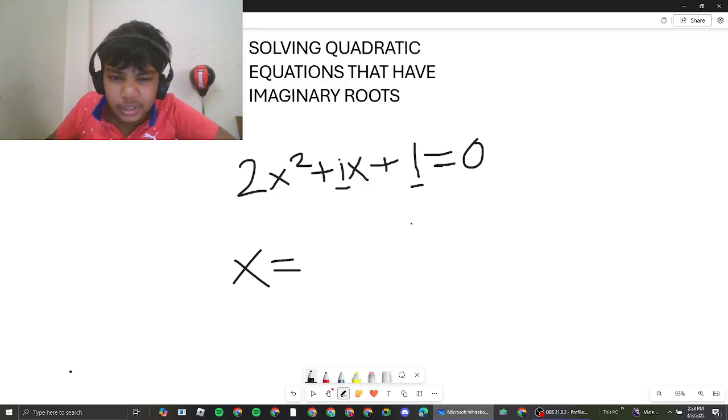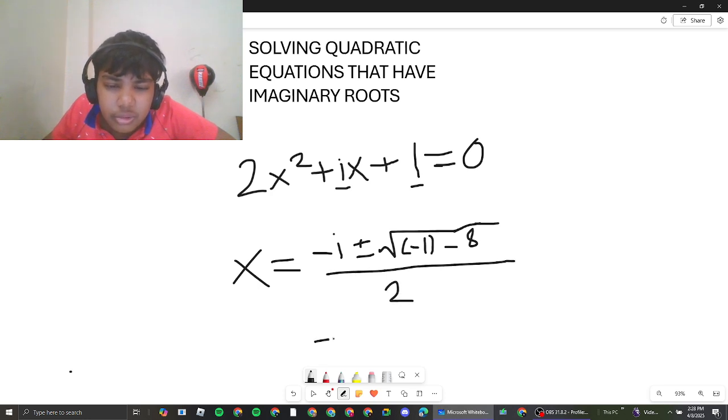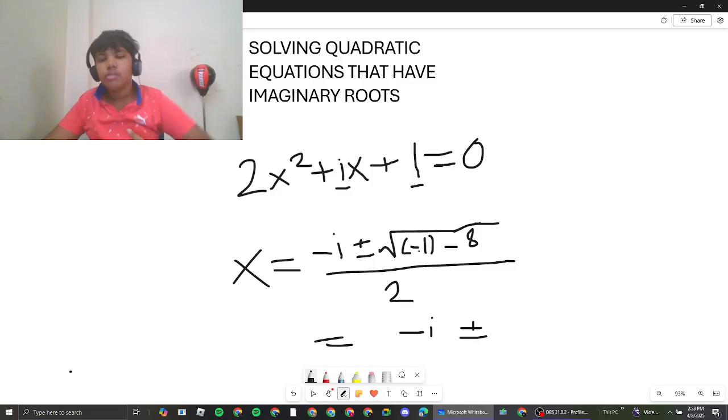x equals negative b, negative i, plus or minus the square root of b squared minus 4ac, upon 2a, which is 2. This is basically equal to minus i plus or minus the square root of minus 9, and the square root of negative 9 can be written as 3i, upon 2.